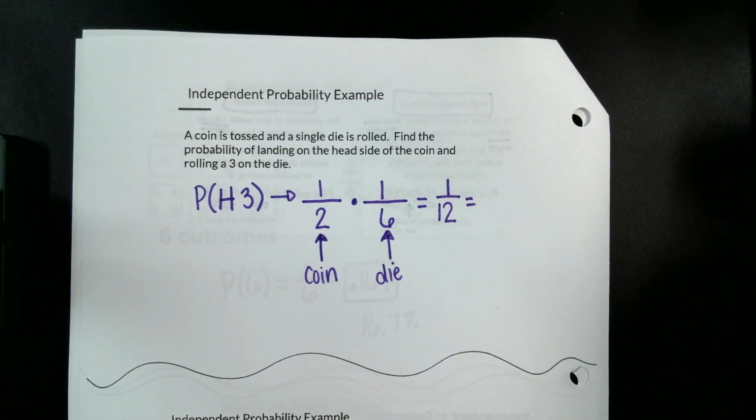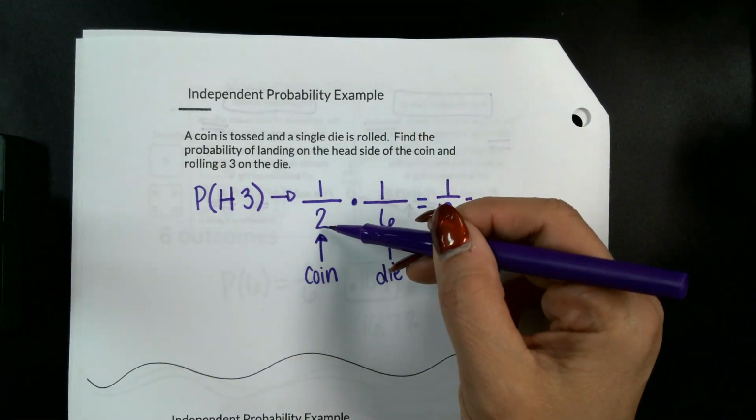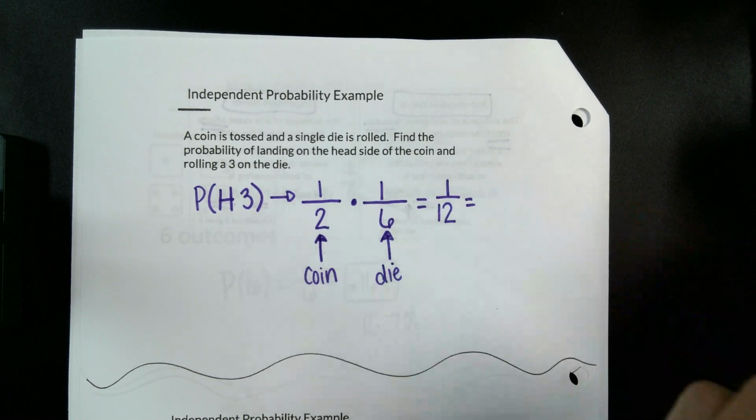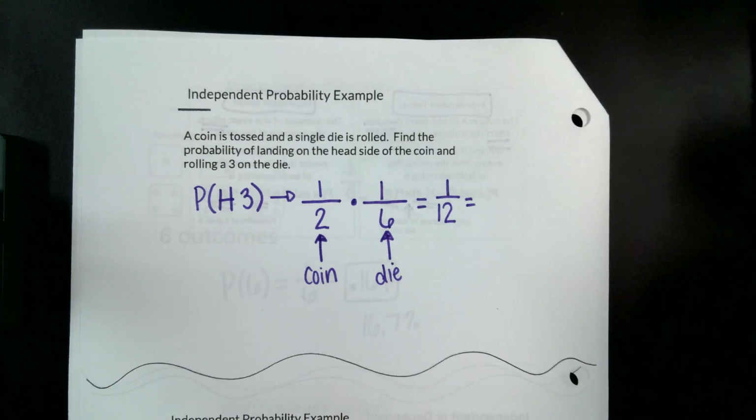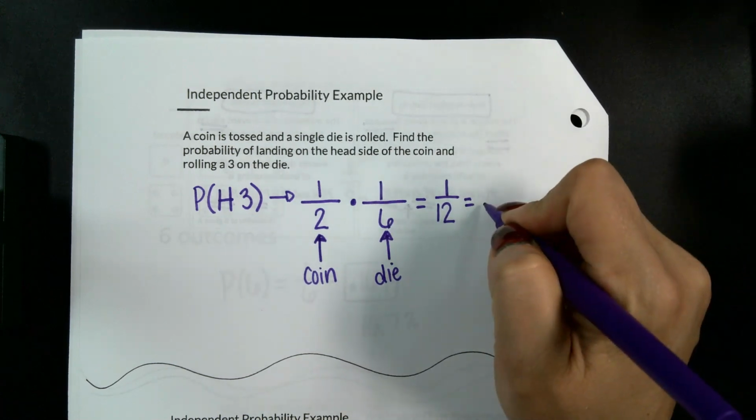If you don't want to do it that way, do you know how to type this in? You would do 1 divided by 2 times 1 divided by 6. Tell me what you're getting. 0.083? Yes, and the 3 repeats.